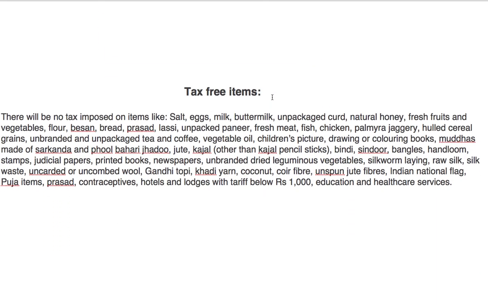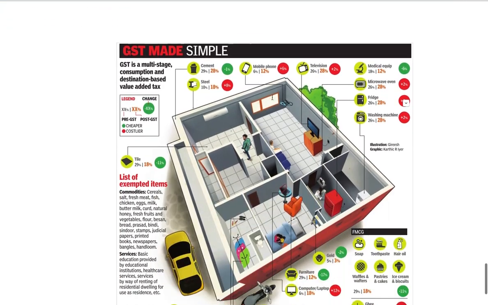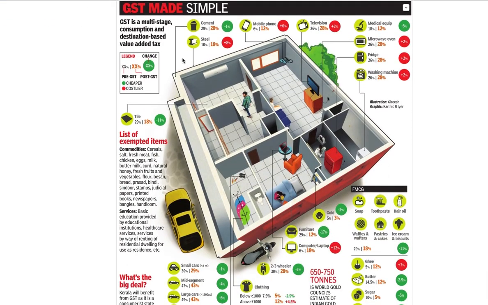Okay, now, there's a really lovely picture which explains specifically about how the taxes will be levied on each of the items. For example, you can see cement, which was charged at 29% of tax, has now been reduced by 1%. Steel has gone higher by 8%.